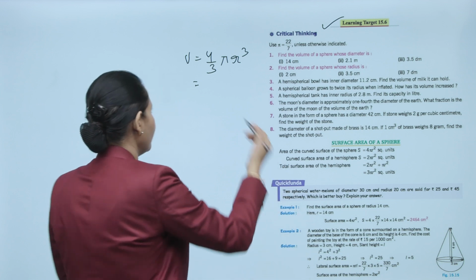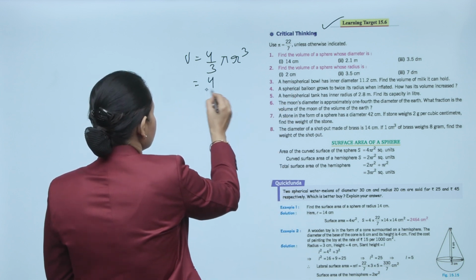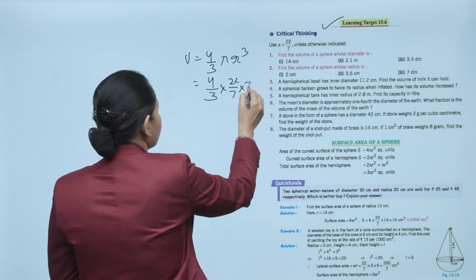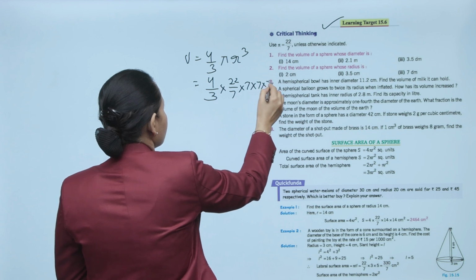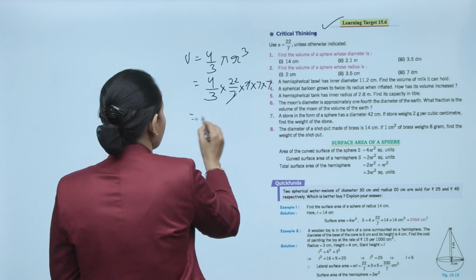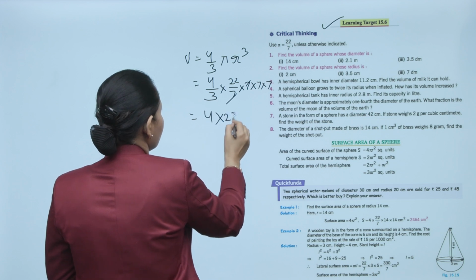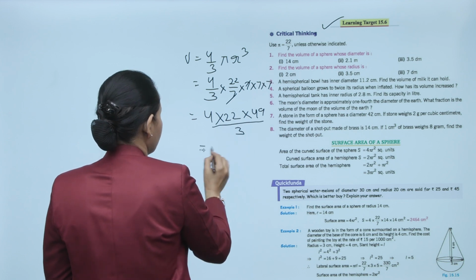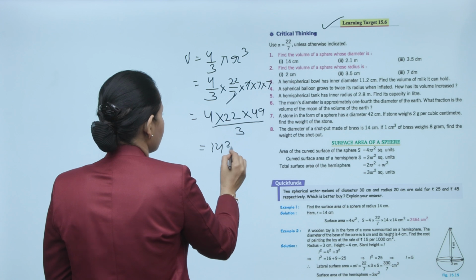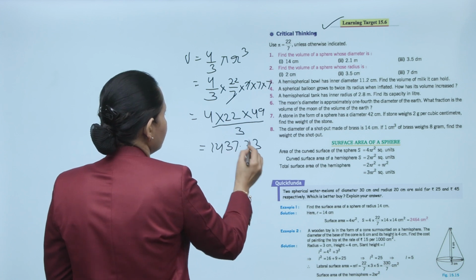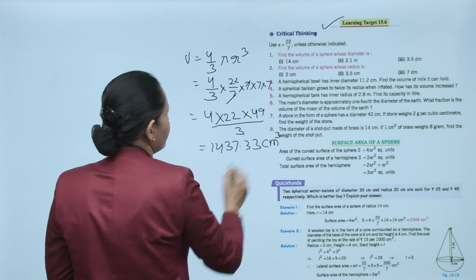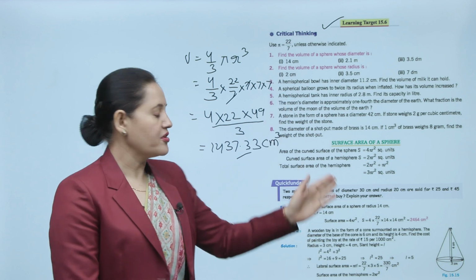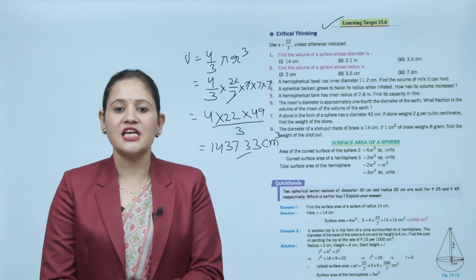So r is 7. 14/2, that is 7. 4 into 22 into 49/3, that is 33 centimeter cube. That is the volume of sphere. Clear? Practice all the questions. Next topic is surface area of sphere.